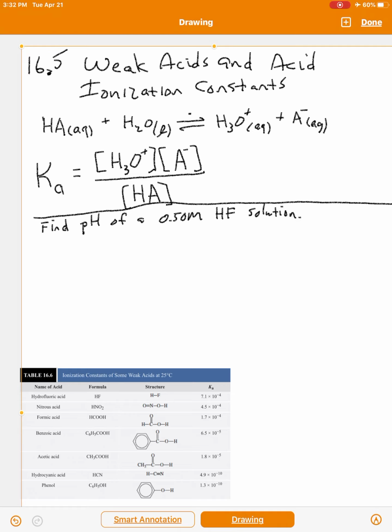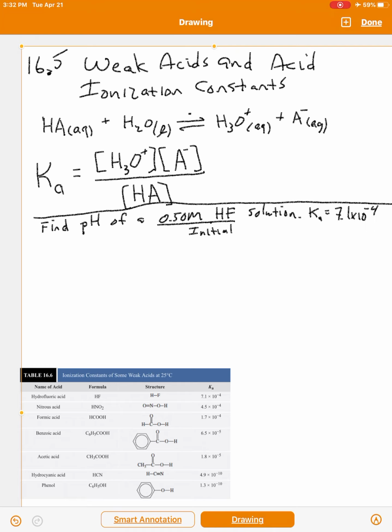Now, when you do these problems, if you want to find the pH of a weak acid solution, you need to know the value of the Ka. So notice in table 16.6, it's there: 7.1 times 10 to the negative 4. So you're going to use that value. And here's how you go about it. You say, we know the initial concentration of HF, and we know the value of the Ka, because we can look it up in this table.